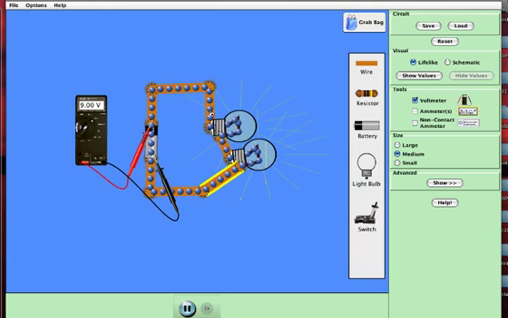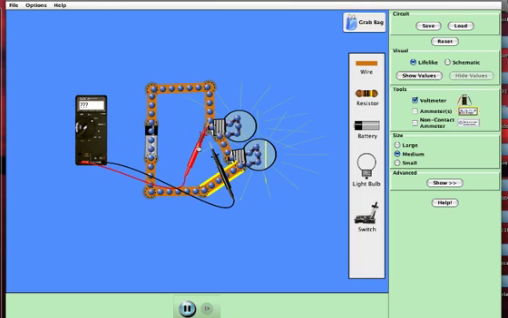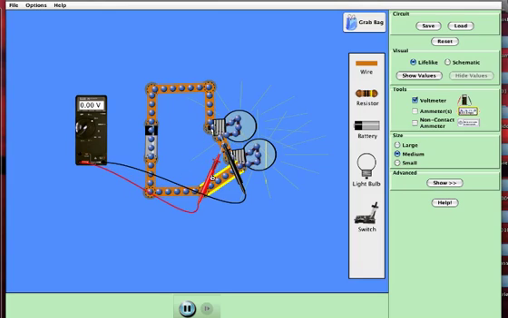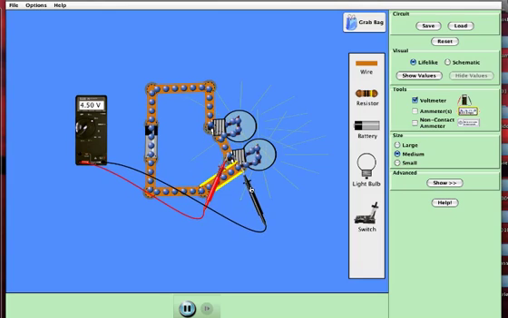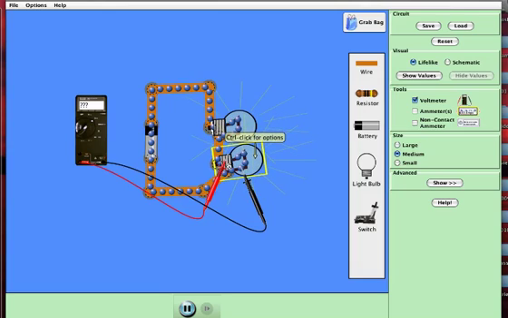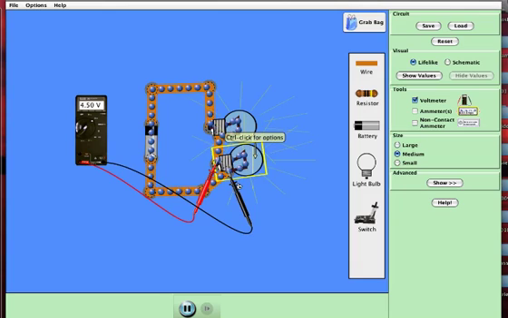Notice how the charges are moving a little bit slower than they were before. We'll talk about current in a second. Across each light bulb, there is now a voltage drop of 4.5 volts, because the energy getting used by the light bulbs is going to be equal to the energy supplied by the battery.